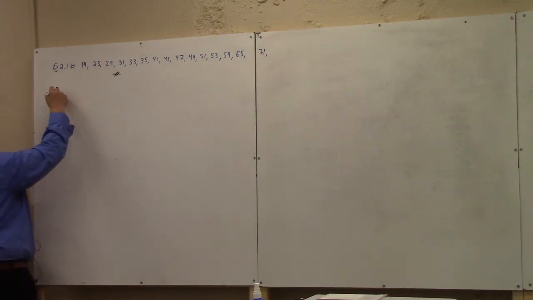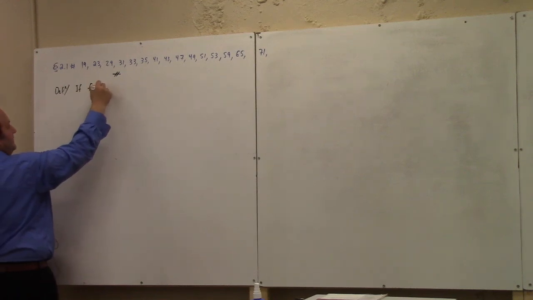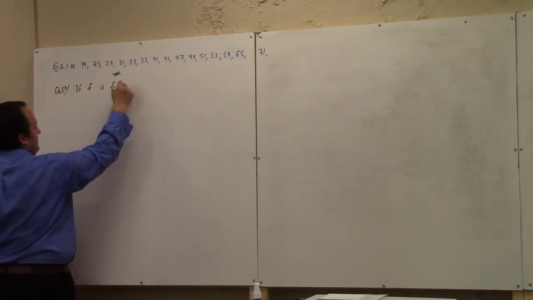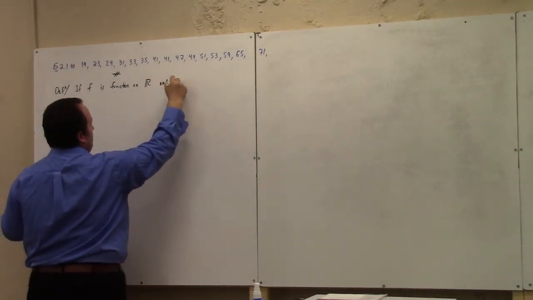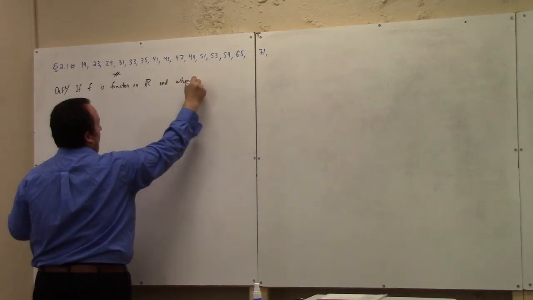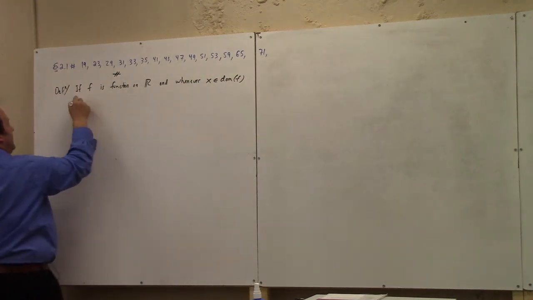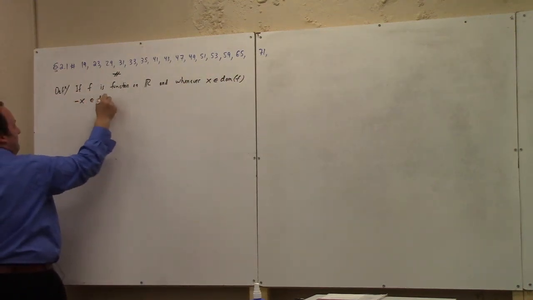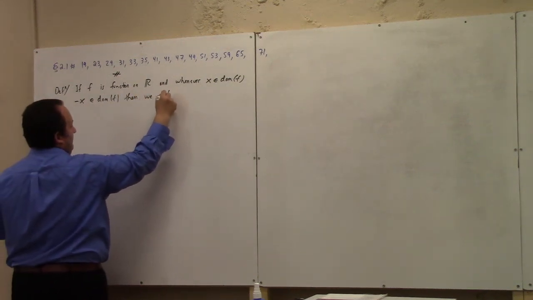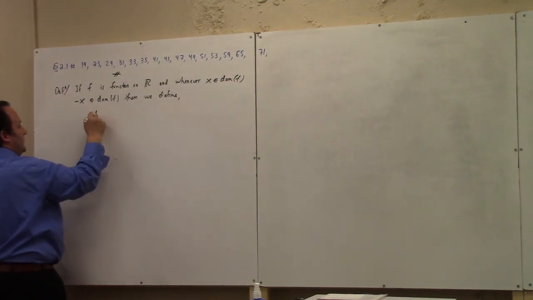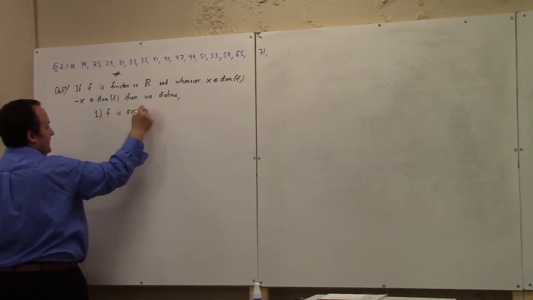So here's the definition. If f is a function on the reals, and whenever x is in the domain of f, minus x is in the domain of f, then we define: number 1, f is an even function.